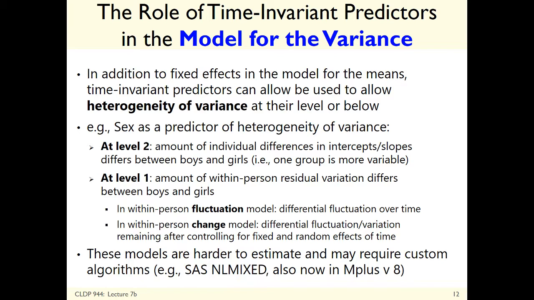In the context of mood, that means that these models by default assume that everybody is equally moody. Some people might be happier or sadder on average, but they're assuming that the fluctuation is the same. So you can add time invariant or time varying predictors as predictors of the amount of residual variance as well.